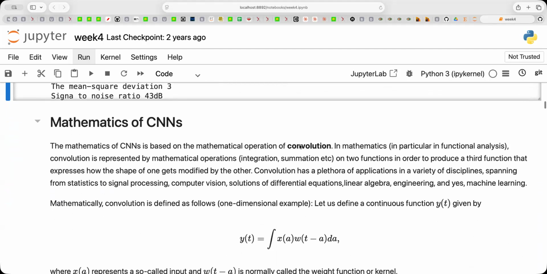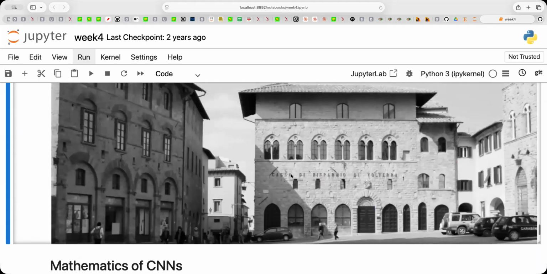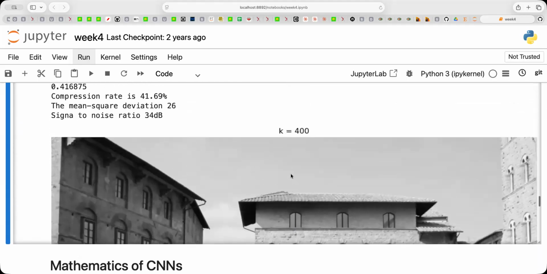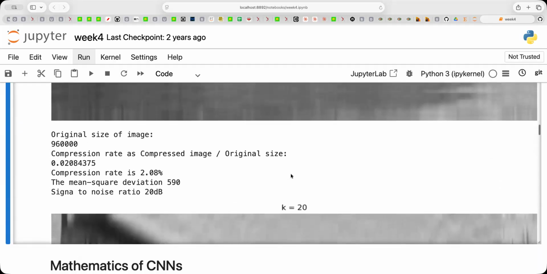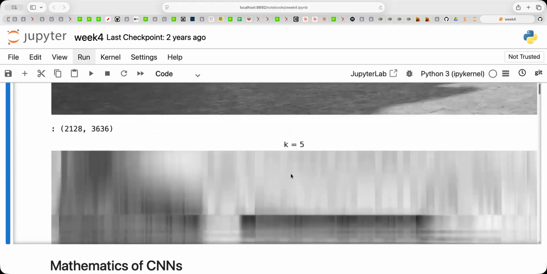Let me see, why isn't this showing properly here? Okay, that's why, I was just looking at the very end. Sorry. This is the original image. And now I keep only the 5 eigenvectors with the largest singular values. You can see the image is pretty blurred, but you still see that this looks like a house.